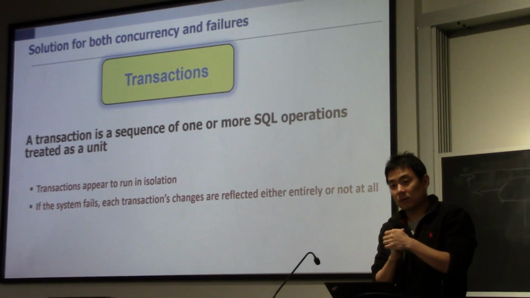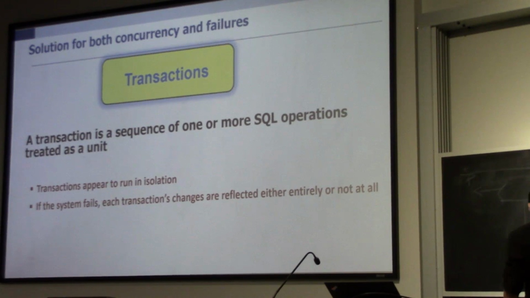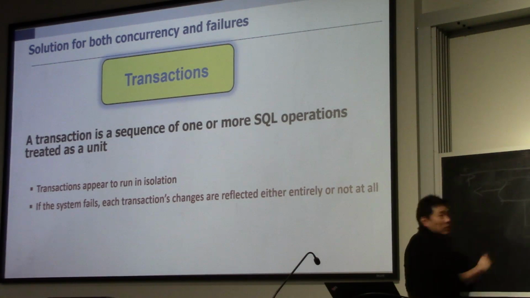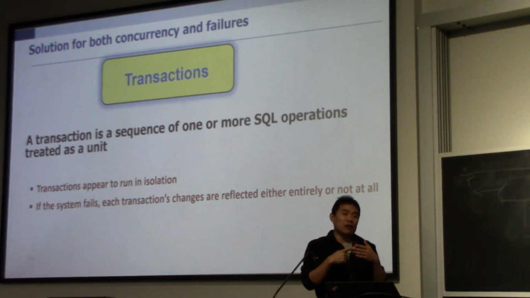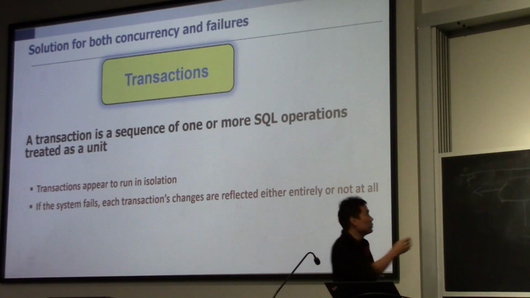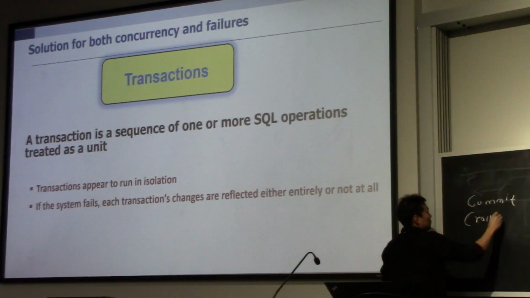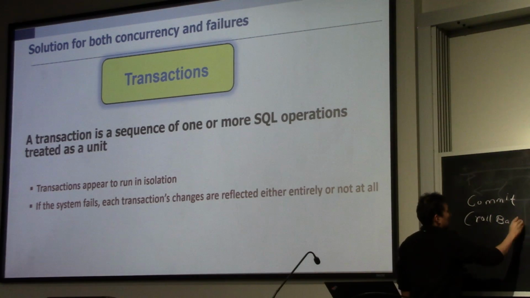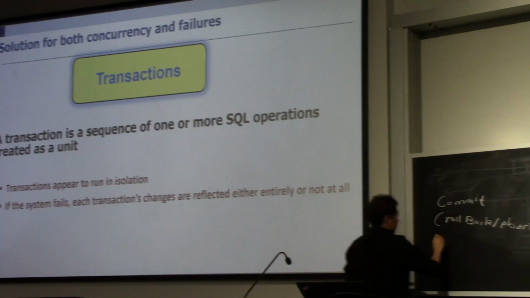Say you're committing and in the middle of a commit. Very good question. Let me repeat the question. The question was, what happens if you are in the middle of committing and the system fails?